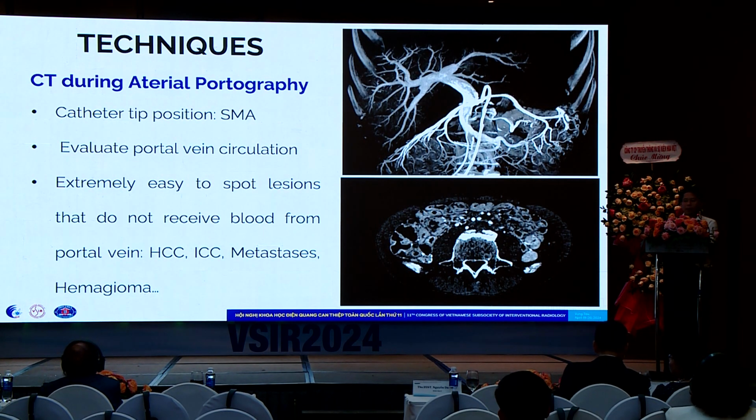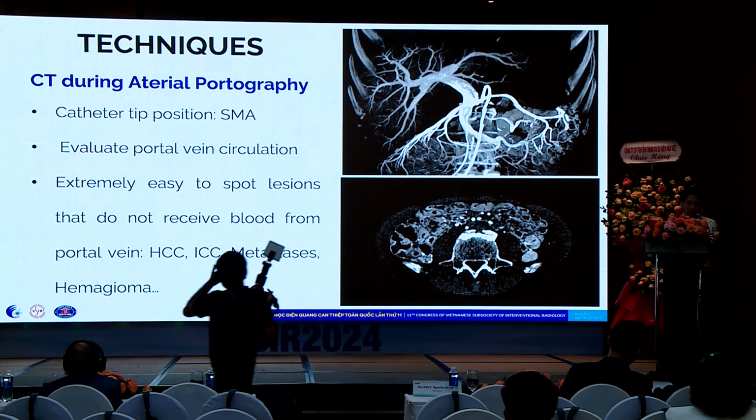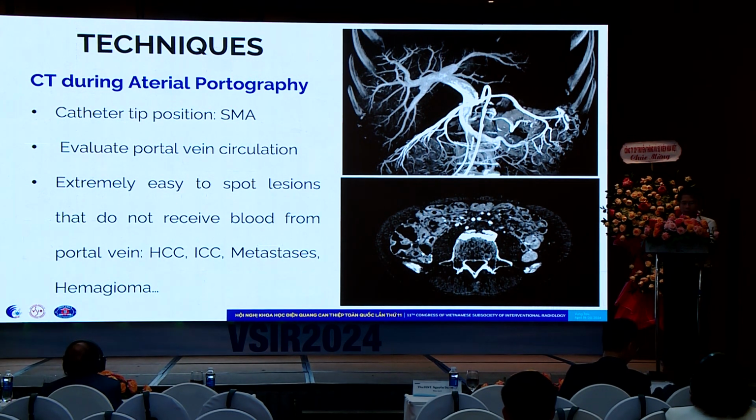There are many techniques that can be used with angio-CT. Firstly, we can perform CT during arterial portography. We select the superior mesenteric artery and then pump the contrast into it. After half a minute, the contrast reaches the portal vein through the mesenteric circulation, and we can isolate the stream of portal vein on CT.